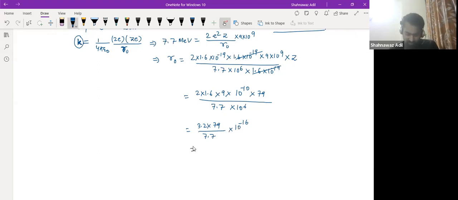So 3.2 into 79 divided by 7.7 is 32.83 into 10 to the power minus 16 meters. So I can change this to 3.28 into 10 to the power minus 15 meters.